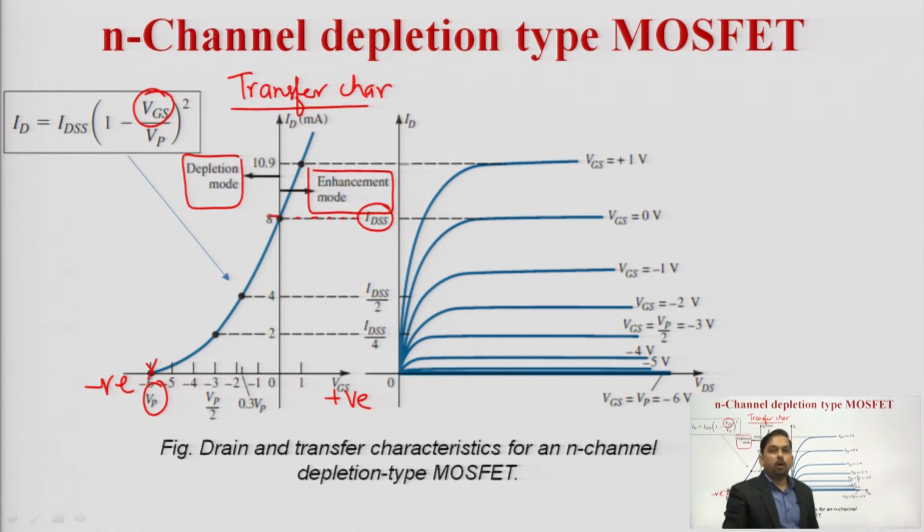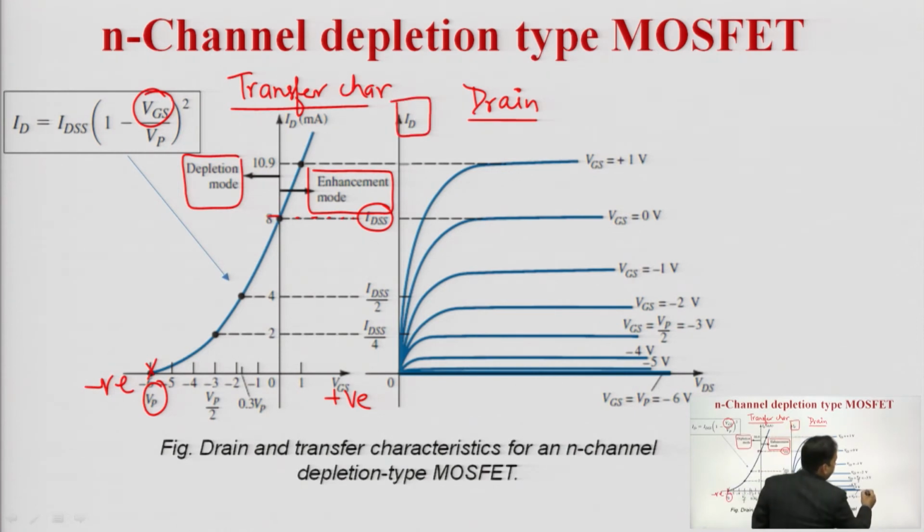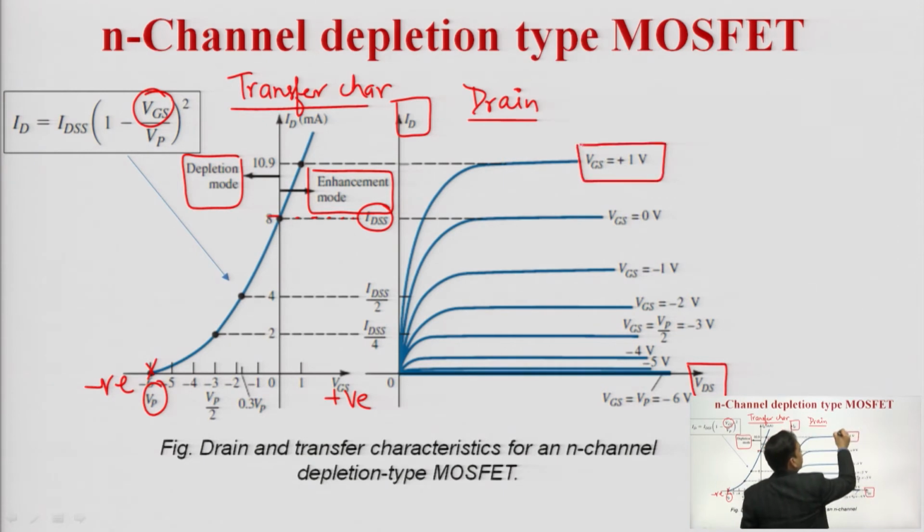Now we will talk about the drain characteristics. These are the characteristics plotted between ID versus VDS for various values of VGS. ID is in milliamperes here.